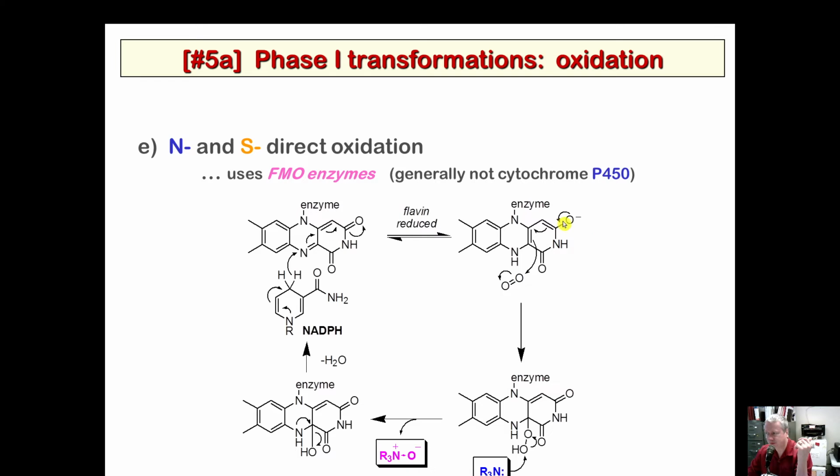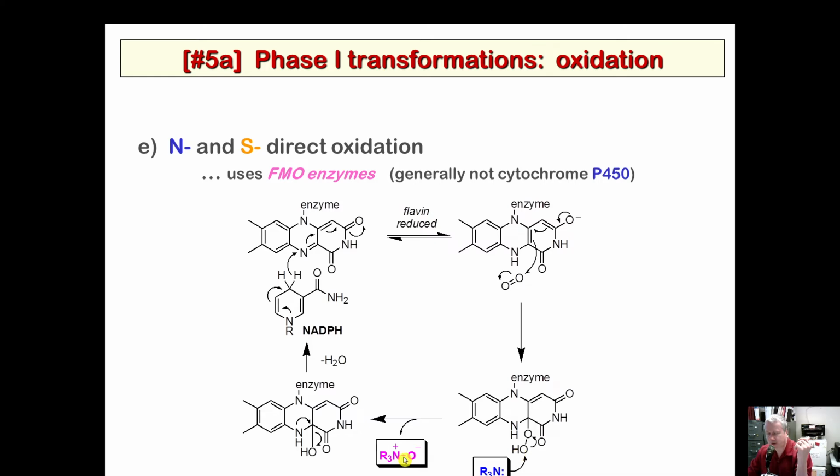So oxygen swings back all the way, and we basically attach diatomic oxygen to this carbon atom. So this thing's called a hydroperoxide, right? Hydroperoxide, and then this is the active form of the enzyme, and your amine or sulfur or whatever lone pair just goes and attacks, grabs the oxygen, breaks it off, and now you have it.